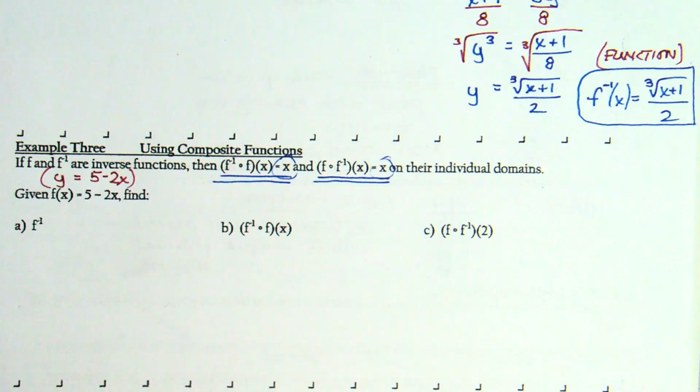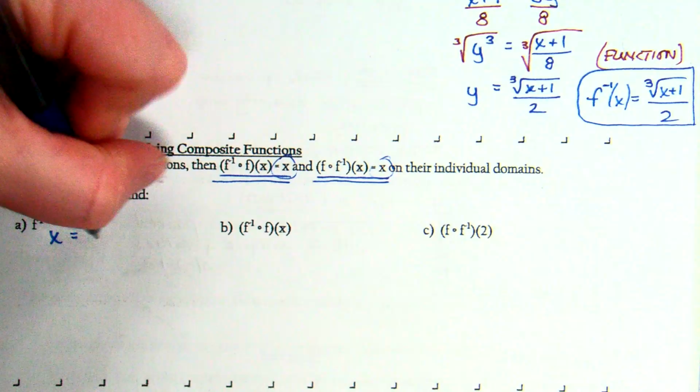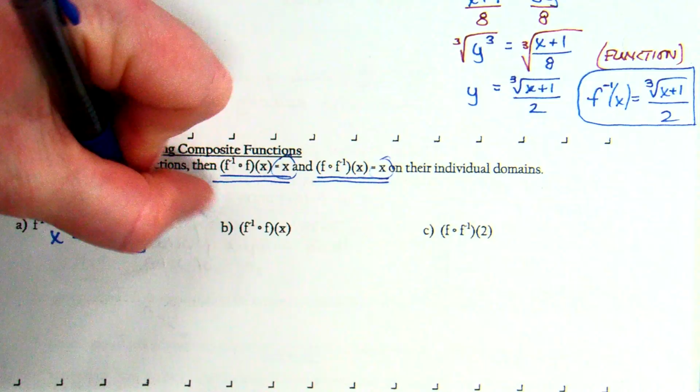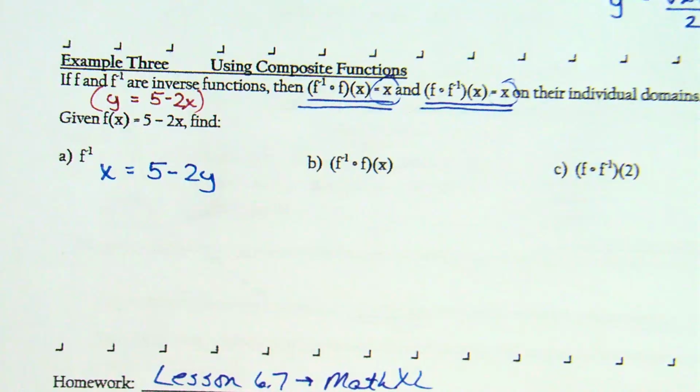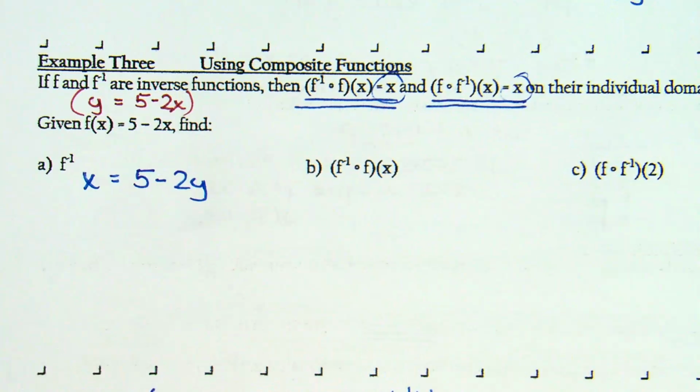So when you take, if it's y equals 5 minus 2x, step 1 is to switch. So what does it switch to be? x equals 5 minus 2y. How do you solve for y?